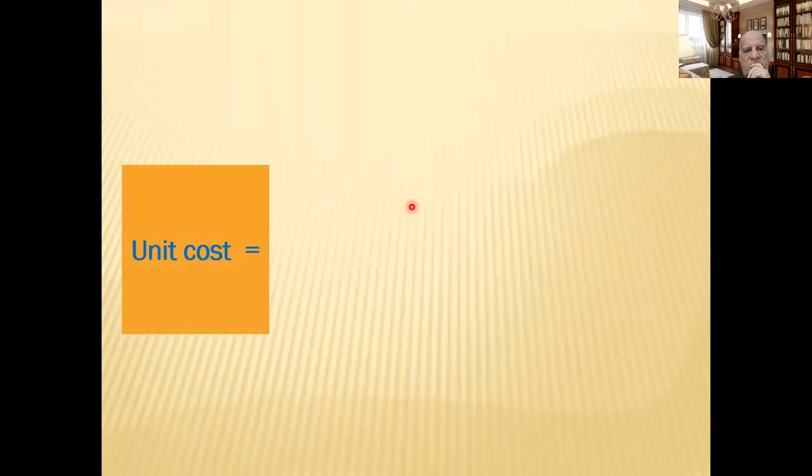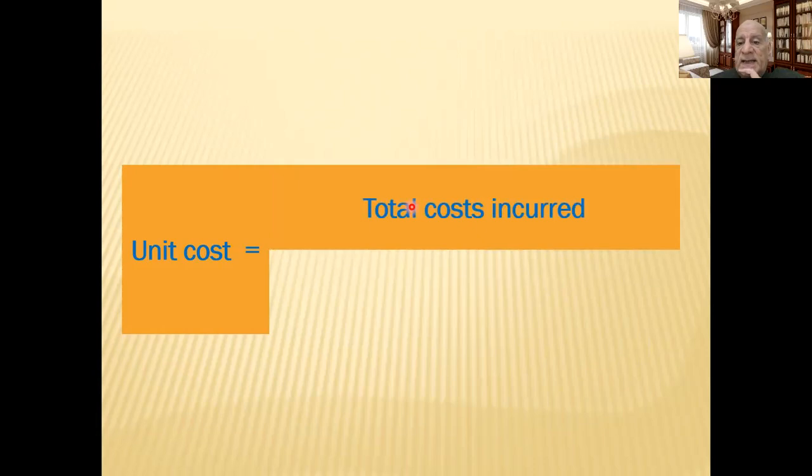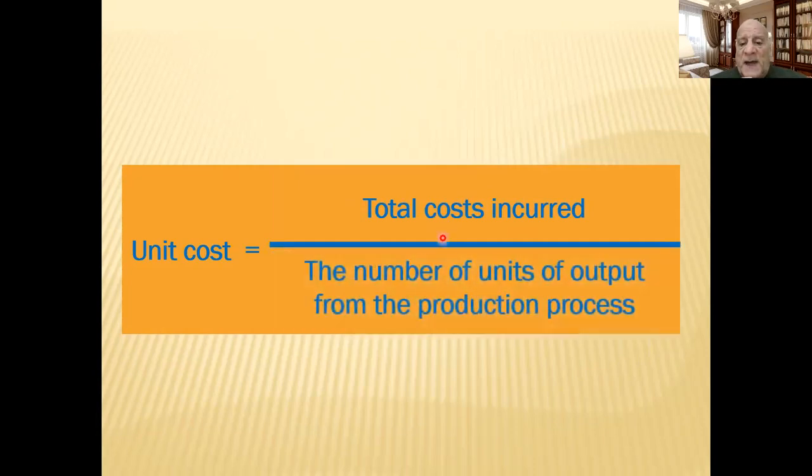So the equation is unit cost equals total costs incurred divided by the number of units of output from the production process. Notice that each unit receives the same or similar amounts of direct materials costs, direct labor costs, and manufacturing overhead.